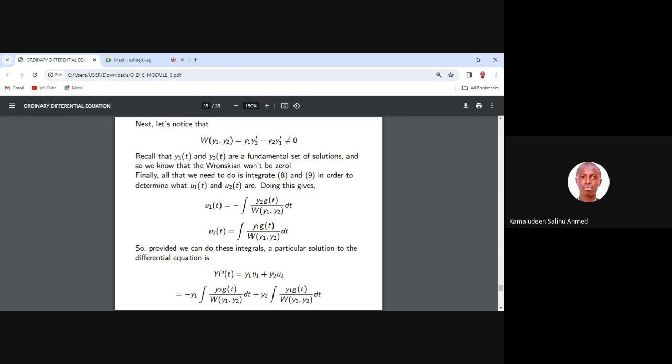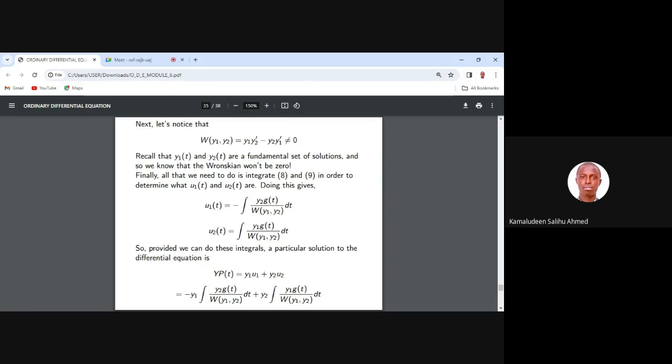So we have our y1, y2, and now you have the values for your u1 and u2. Using this expression, yp of t equals y1 times the negative integral, where you substitute your u1 here, plus y2 times the integral, where you substitute your u2 here.